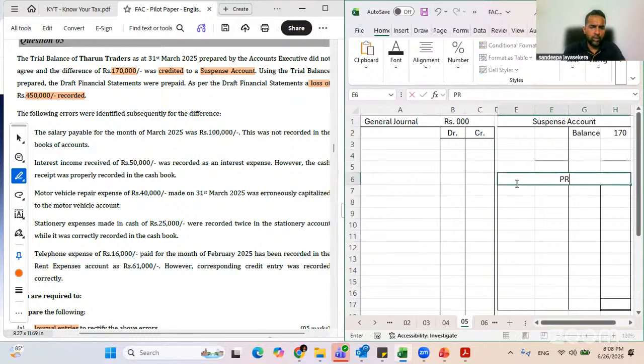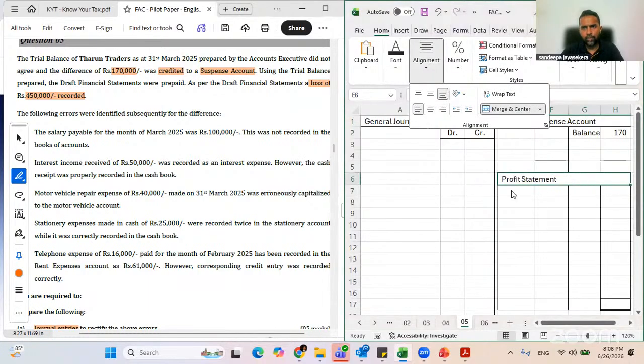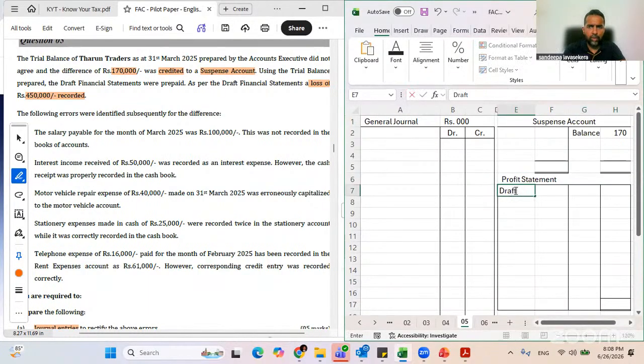Then you have the profit statement. You have the draft profit, which is actually a loss, 450. Things that you are going to plus, things that you are going to minus.